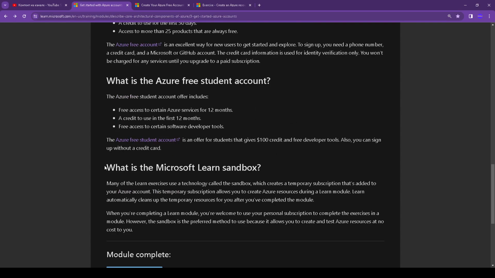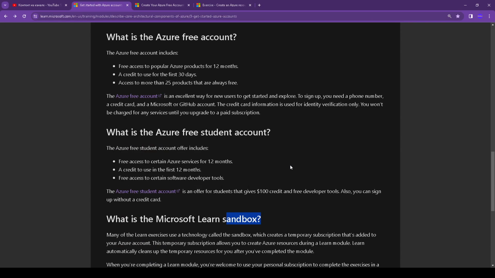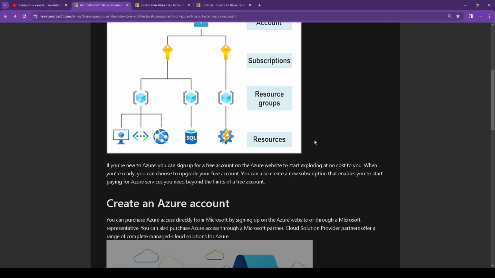Another type is the sandbox account. This is a free account. It is used for labs. Sandbox has a concierge subscription and it has limited rights.